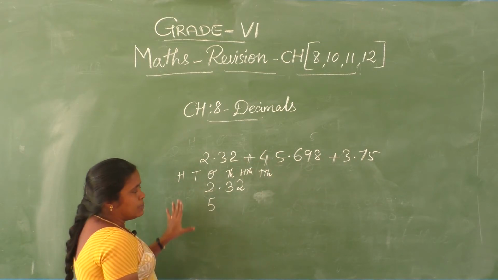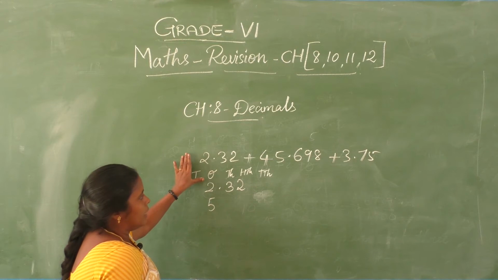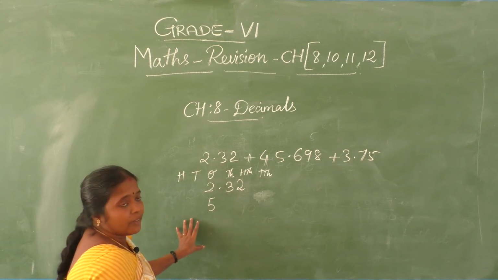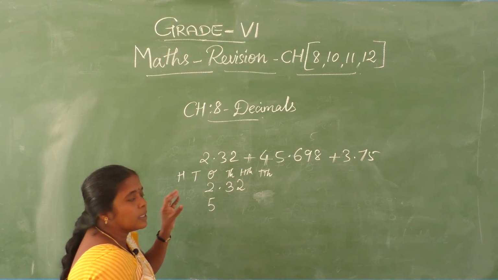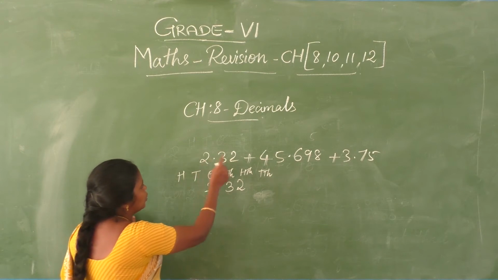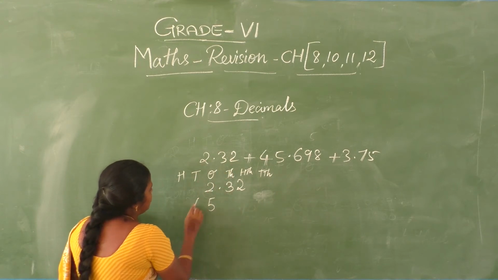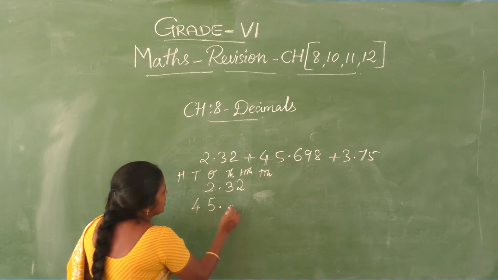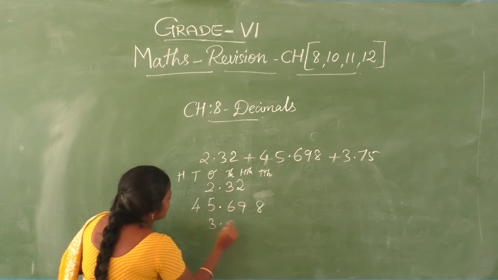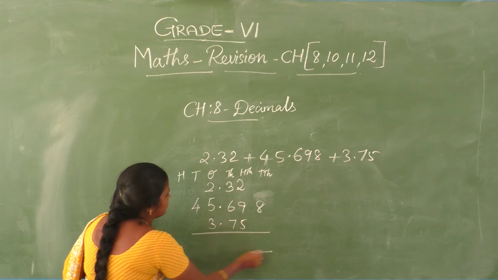So decimal addition is like whole number addition only, but mainly you have to watch whether you have arranged the given decimal numbers in the proper places or not. That is the main thing to be noticed here. So 2.32, then 45.698, then 3.75, like this.